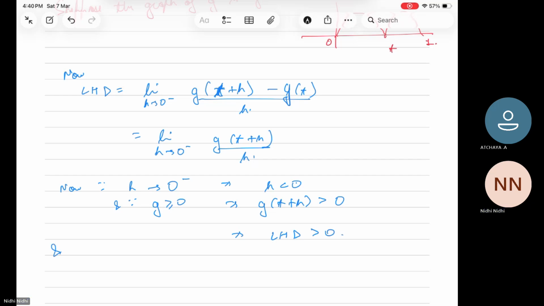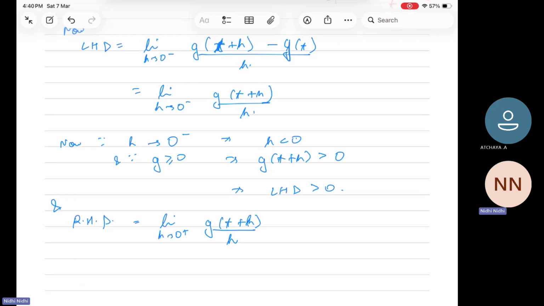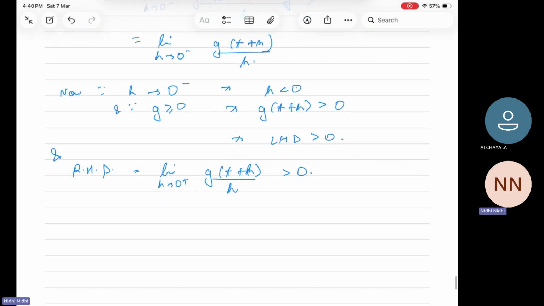And what about the right hand derivative? This will be limit h tending to 0 plus g(t+h) minus g(t) upon h. Now in this case, since we are taking h from the positive direction, this is strictly positive. Now this gives us a contradiction.